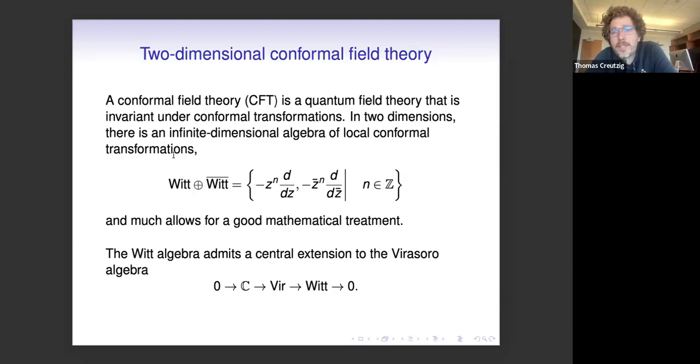In two dimensions, it's two copies of the Witt algebra, and the Witt algebra admits a central extension to the Virasoro algebra. This is why the Virasoro algebra appears in conformal field theory. It means you should think about a two-dimensional conformal field theory as something that at least admits an action of two copies of the Virasoro algebra.